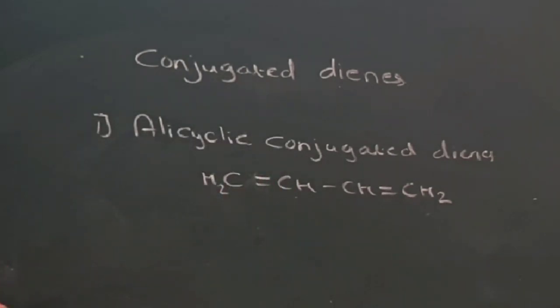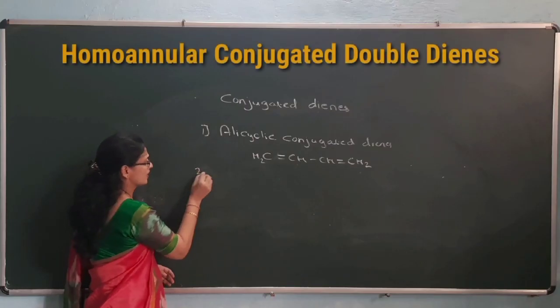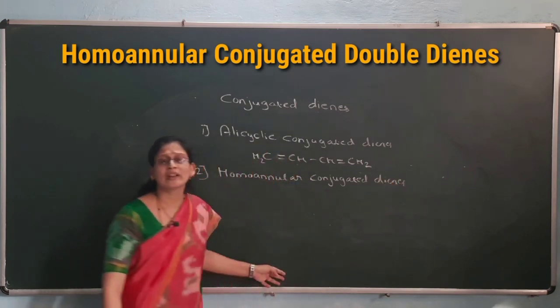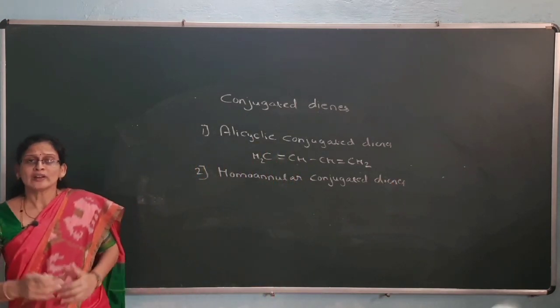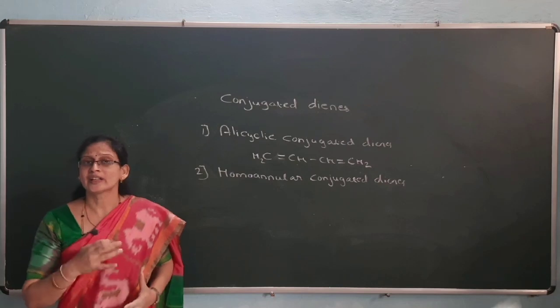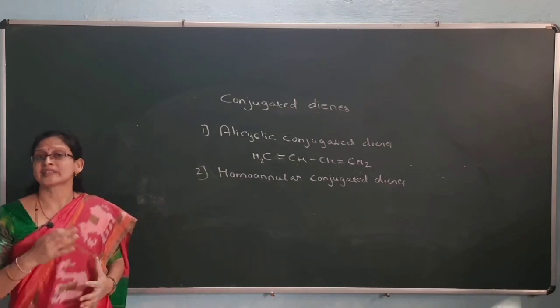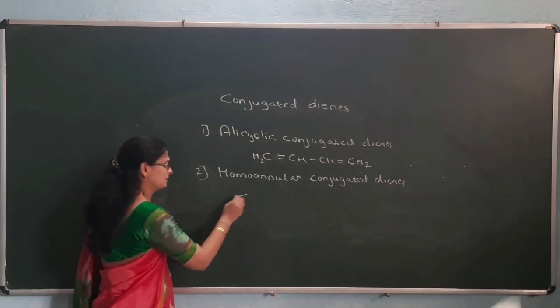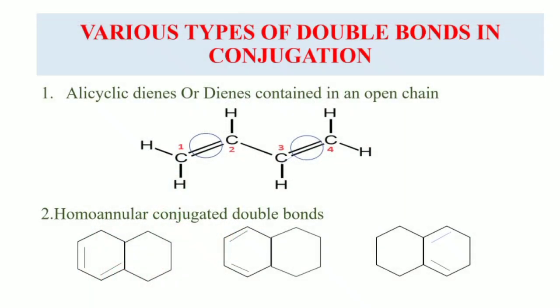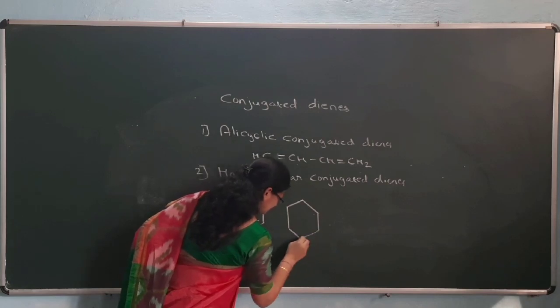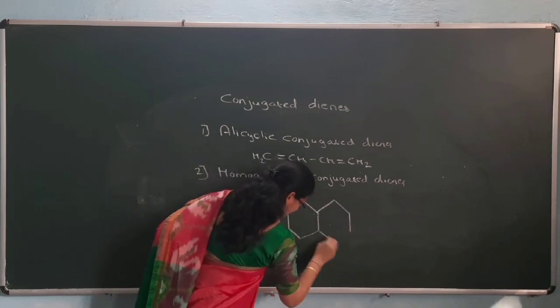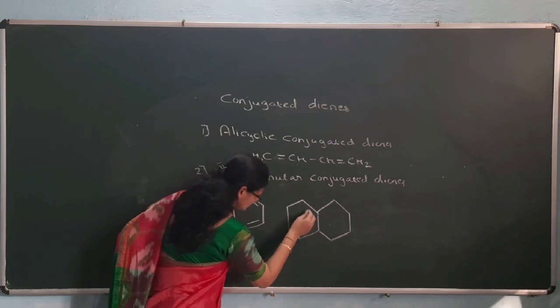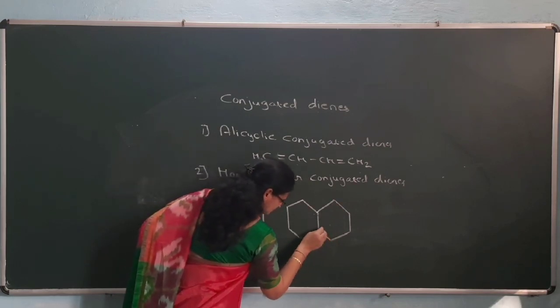Okay, we will move to the next one, homoannular conjugated diene. What are homoannular conjugated dienes? The homoannular conjugated dienes are those where the conjugated double bonds are present in the same ring, and it is a cyclic diene. So, we will take an example.